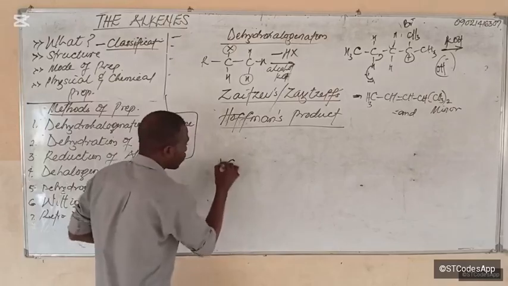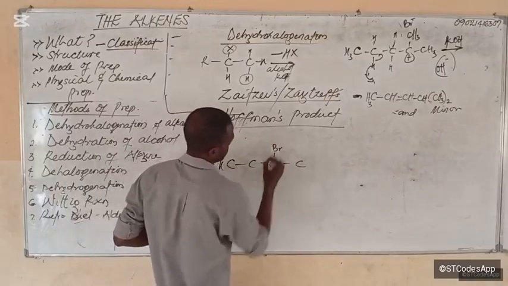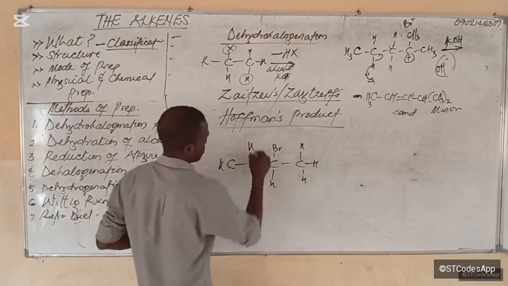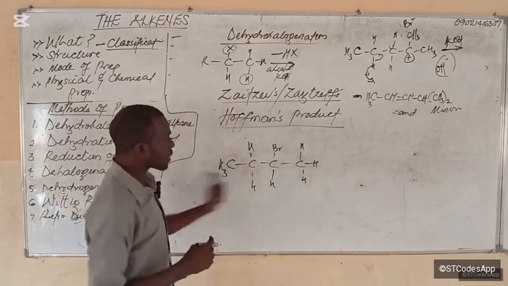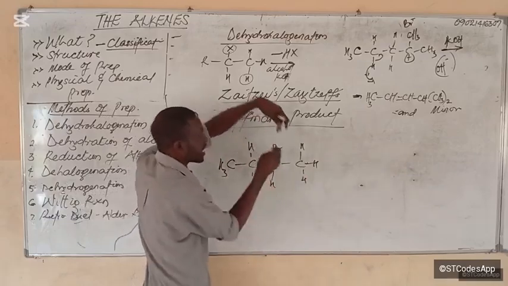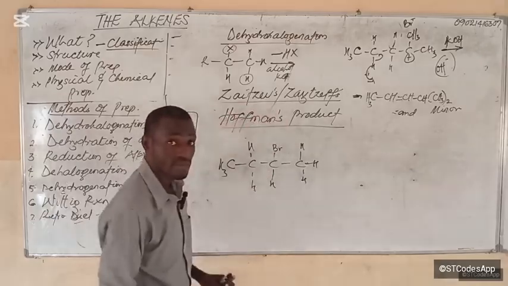Now look at this one. You know that according to Saytzeff rule, the product that should be formed is 2-butene, right?